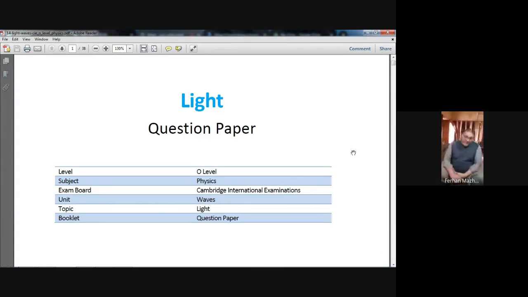And today, we have chosen a worksheet that is about light. This worksheet I have taken from a website. The name of the website is savemyexam.co.uk.